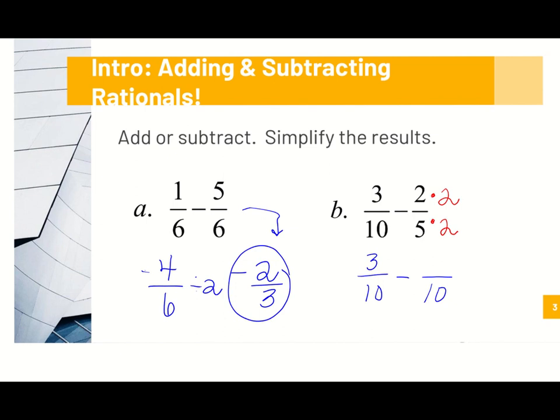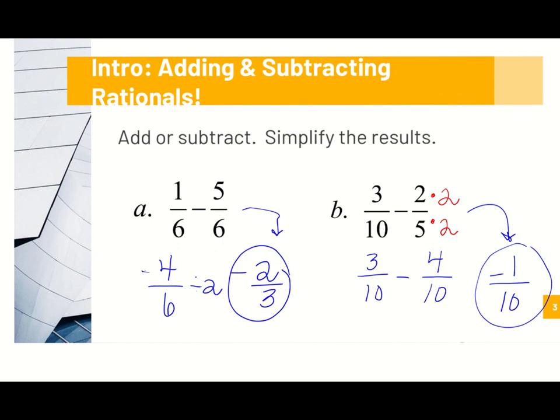So then I would have 2 times 2 gives us 4. Now that I have common denominators, I can just subtract these two fractions, and I would have the numerator 3 minus 4 would give me negative 1, and then on the bottom I keep my denominator of 10. 1 and 10 can't be simplified, so that would be my answer to subtracting 3/10 minus 2/5.